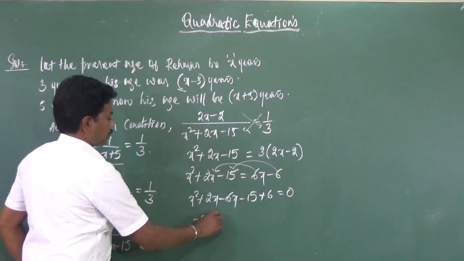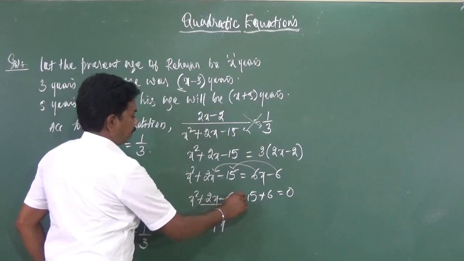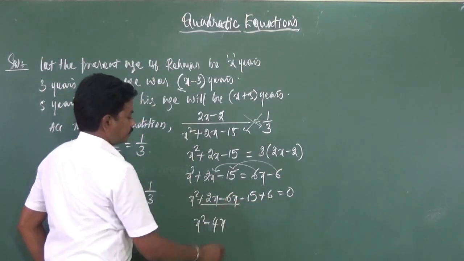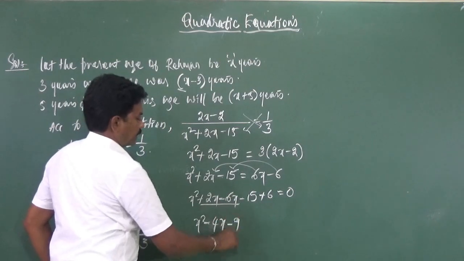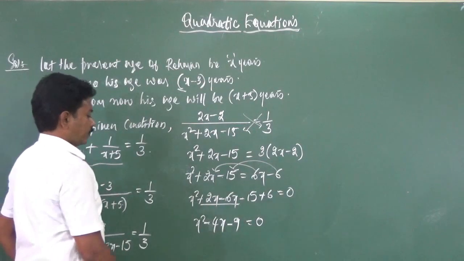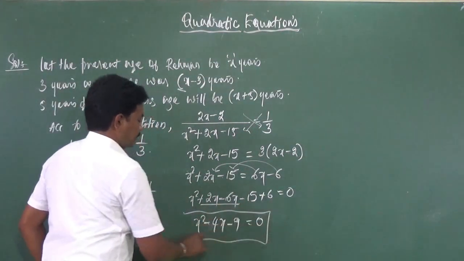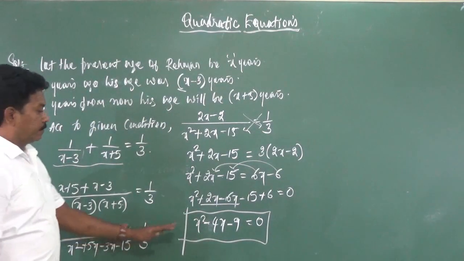So x square plus 2x minus 6x is minus 4x, minus 15 minus 6 is minus 21, equal to 0. Right, so this is the required quadratic equation.